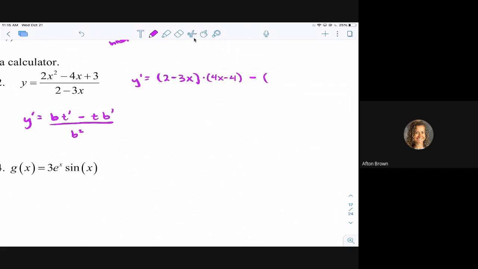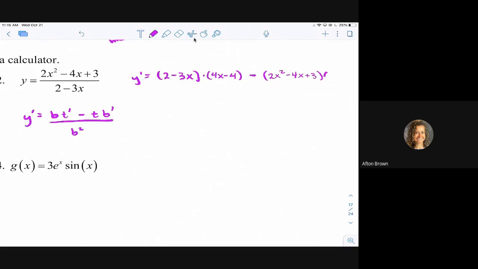And then I have the top, also in parentheses. And then we multiply by B prime. B prime would be the derivative of the bottom. What's the derivative of the bottom? Negative 3. It's all over the bottom quantity squared.